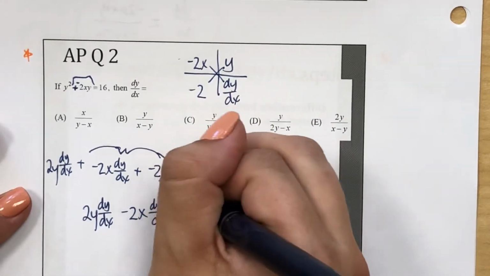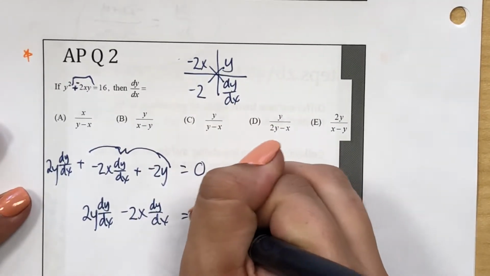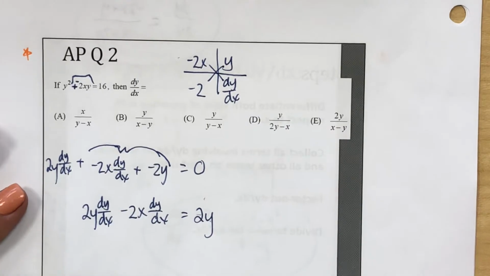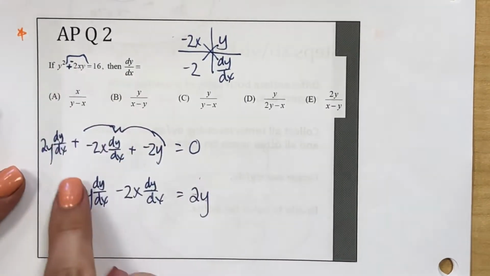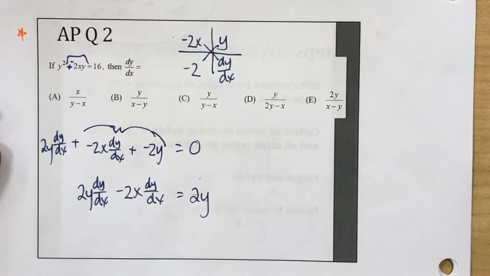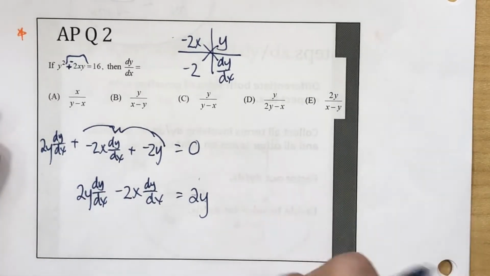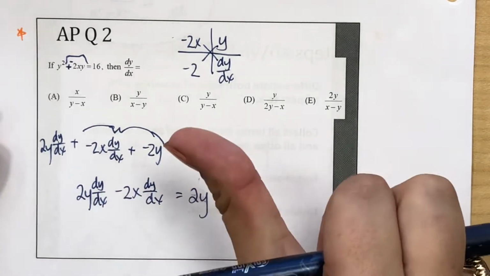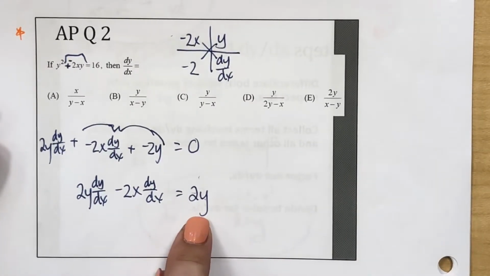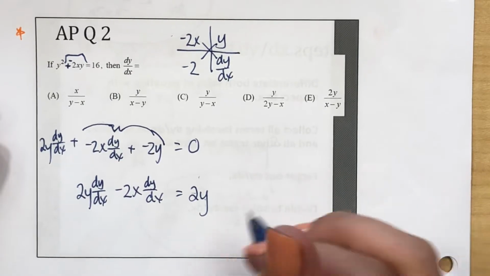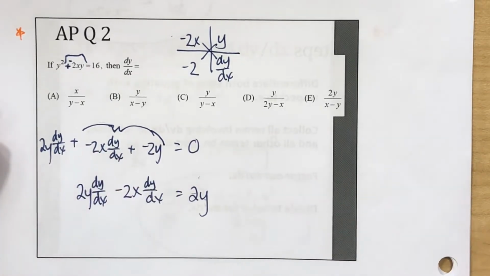All right, so I'm just going to add this to both sides, equals positive 2y. So I do need to factor because I do have a dy/dx in both places. If you start with a y in multiple places, you're going to end up with a dy/dx in multiple places. Okay, so I collected my dy/dx terms on the left, my other terms on the right. Now my next step is to factor. If you want to divide everything by 2 here, by the way, you can.